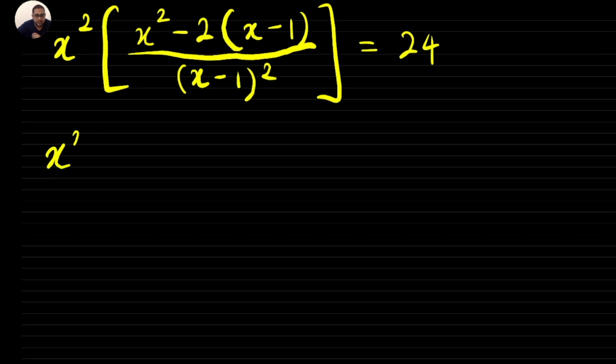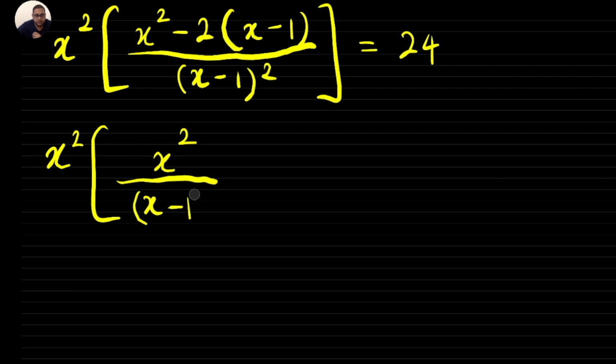X squared outside the bracket, and then we have x squared divided by (x minus 1) squared, and then minus 2 over x minus 1. You need to notice x minus 1 cancels off with one of the factors of the denominators, and this will be the result.